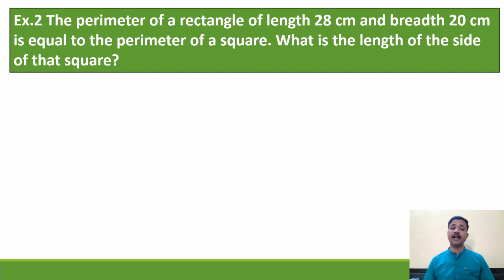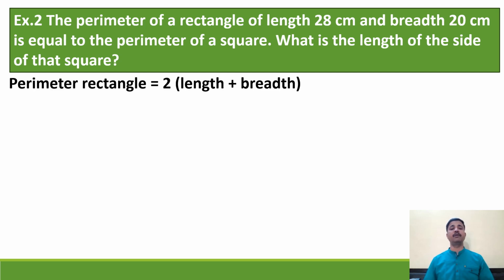What is the length of the sides of that square? हमें क्या निकालना है? स्क्वायर की लेंथ निकालनी है. और हमें क्या दिया है? रेक्टेंगल की लेंथ दी है 28 सेंटीमीटर, ब्रेथ भी दी है 20 सेंटीमीटर, and it is equal to perimeter of square. तो हमें पहले पेरीमीटर ऑफ रेक्टेंगल निकालना पड़ेगा.